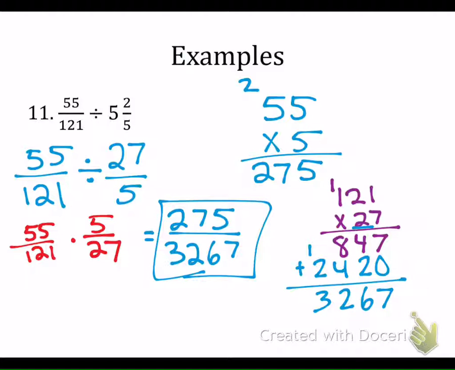Okay, before I would box it in, I would check the divisibility rules. Do you guys know if it's an even number, it's divisible by 2? Do you guys remember the 3's trick? If you add the digits and that number is divisible by 3, then the number is divisible by 3. When you add 2, 7, and 5, you get 14.